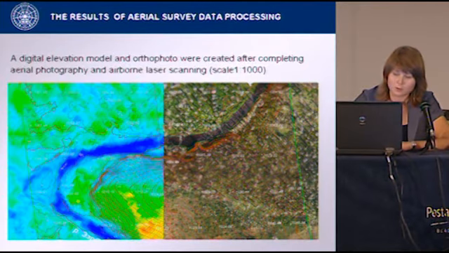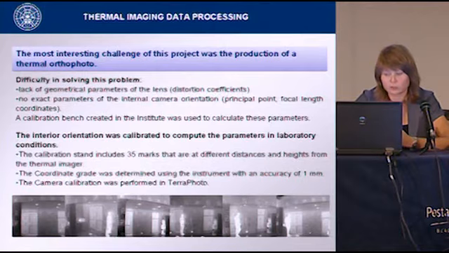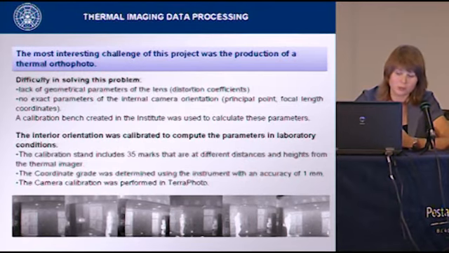After the imaging session, we built orthophoto plans, used classical or conventional methods to build orthophotos, and then when we processed thermovisual, we had to calibrate the camera also, which was done by our institute at our calibration stand.